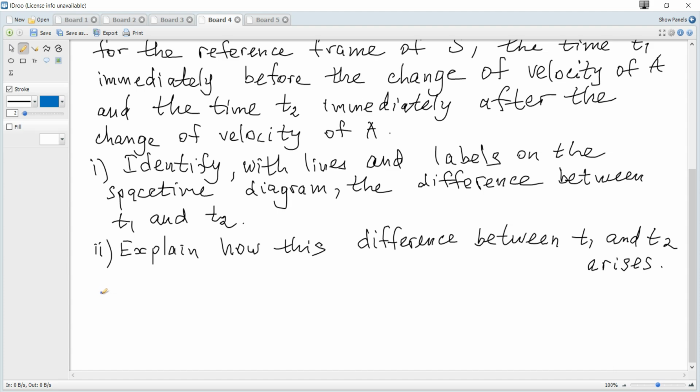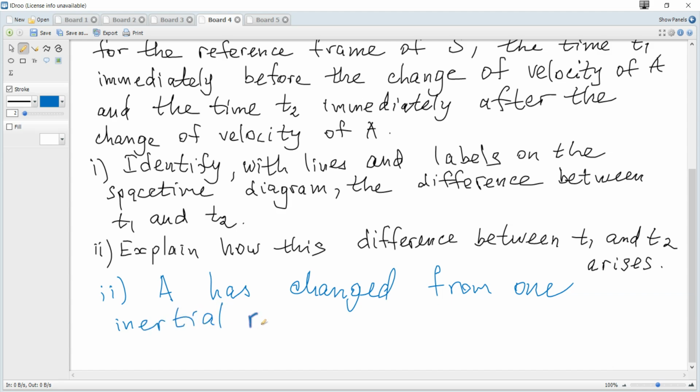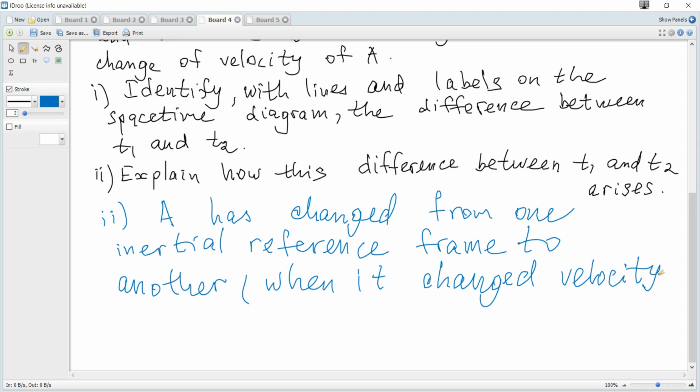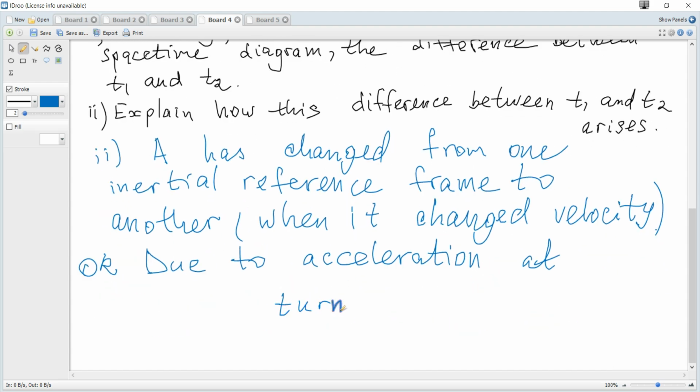It's because A has changed from one inertial reference frame to another when it changed velocity, or we can say just due to acceleration at turnaround.